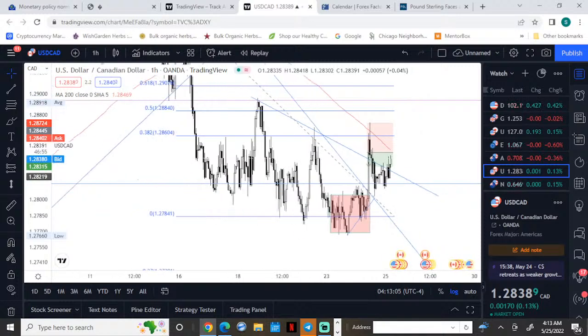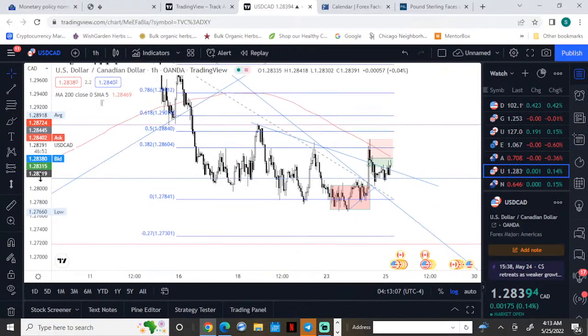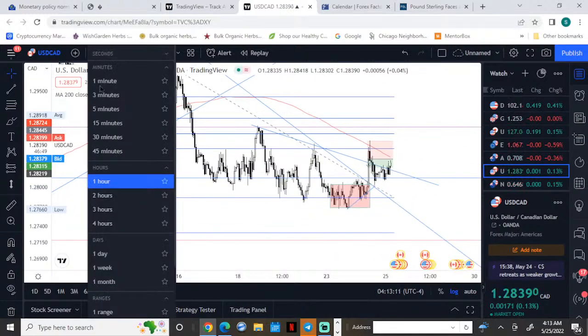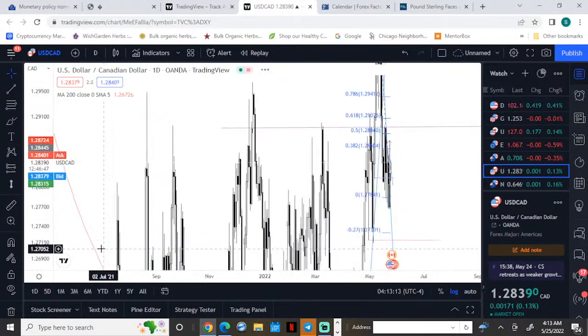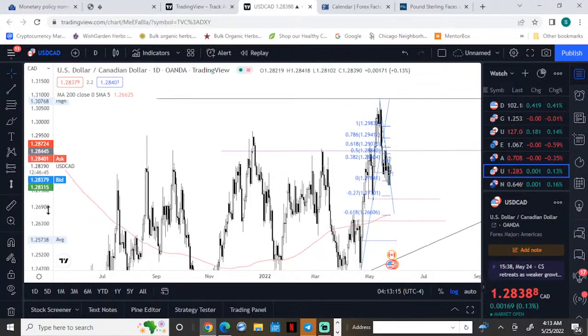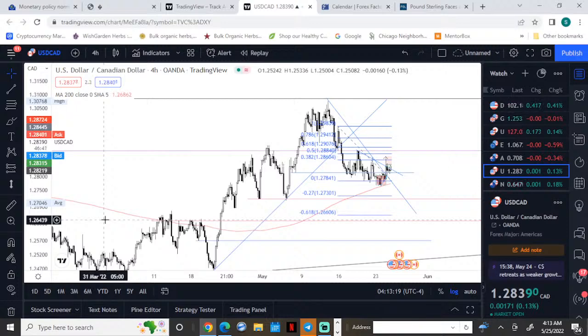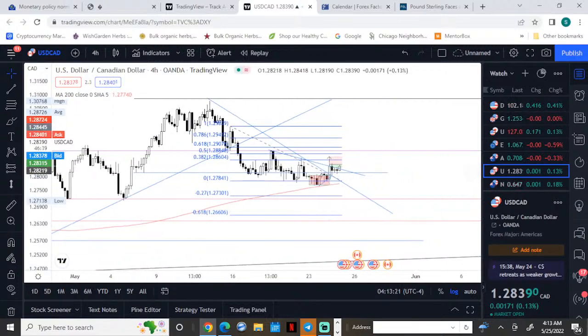So let's see what's going on. I drew these two trend lines. They are blue, so I think 4 hour. Yes. I got this blue line and this blue line going.